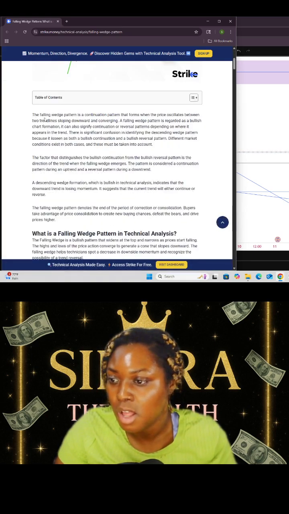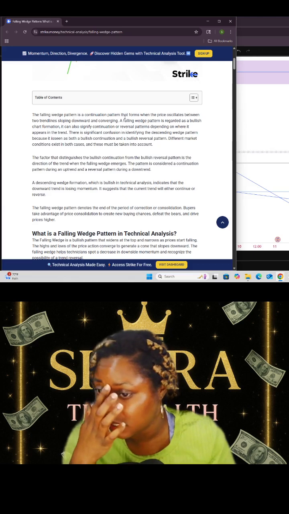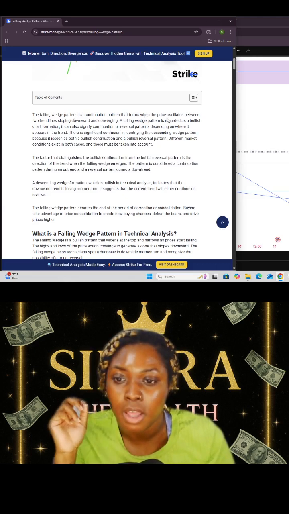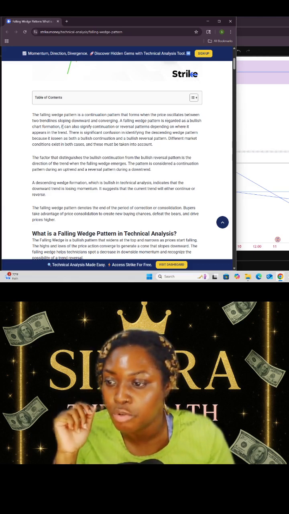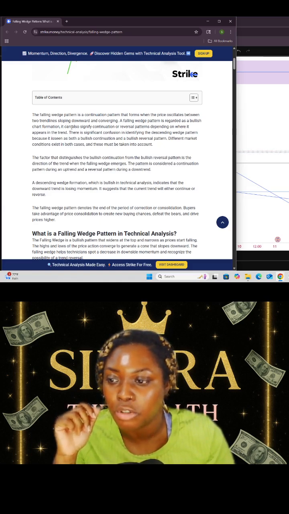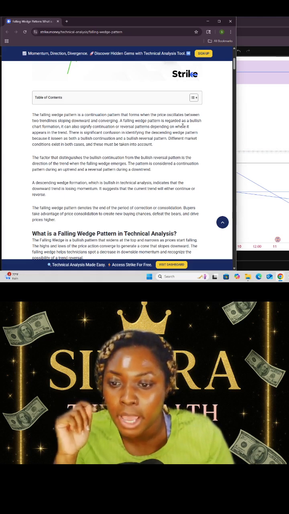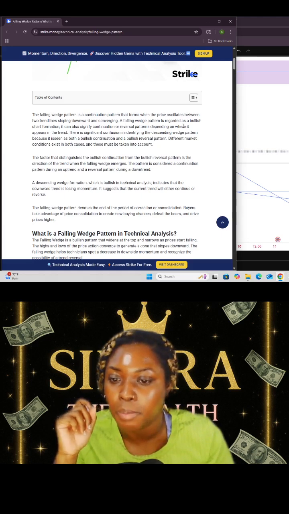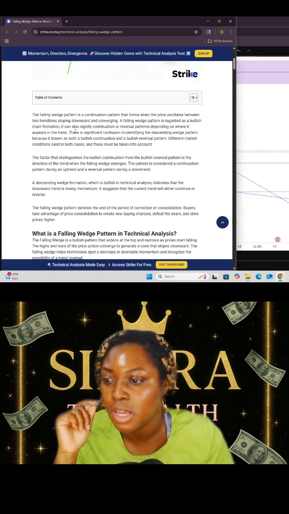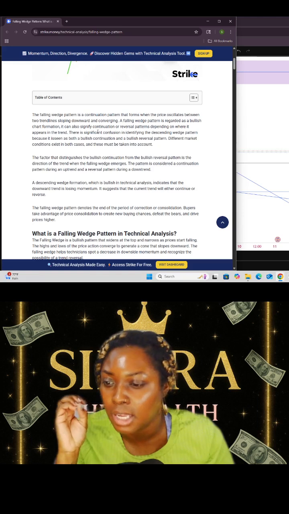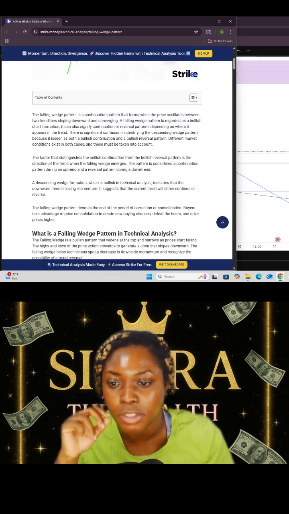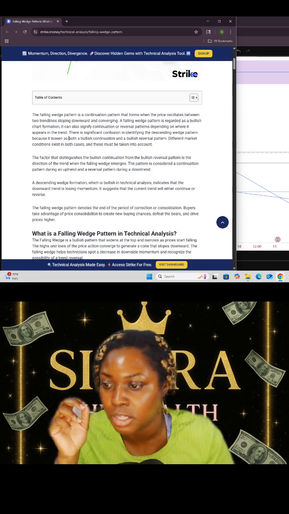This is a rising trend. So let's watch. The falling wedge pattern is a continuation pattern that forms when the price oscillates between 2 trend lines sloping downtrend, and converging. A falling wedge pattern is regarded as a bullish chart formation. It could also signify continuation or reversal patterns depending on where it appears in the trend.